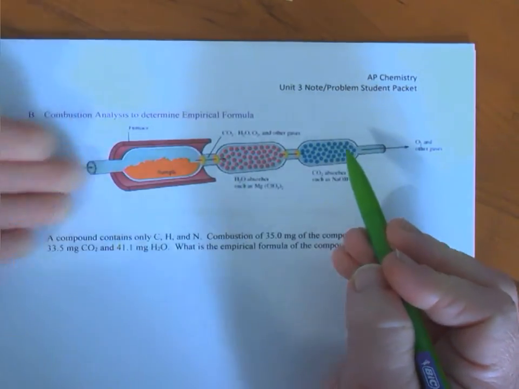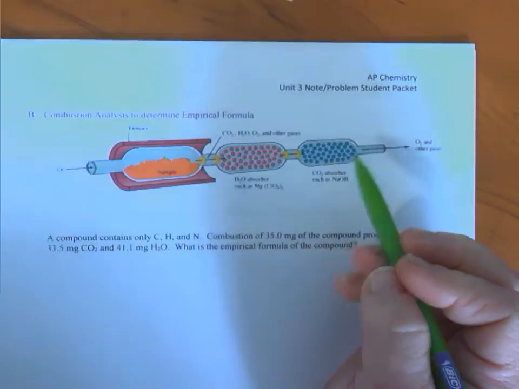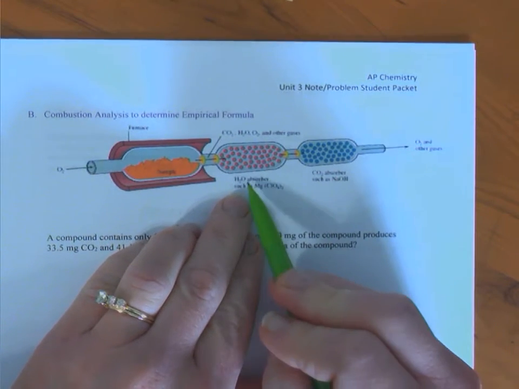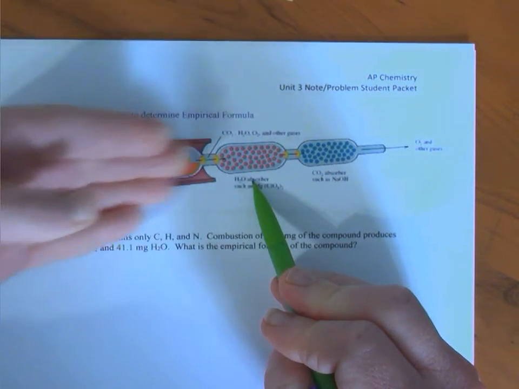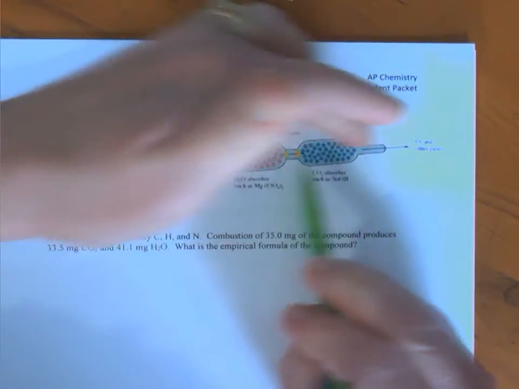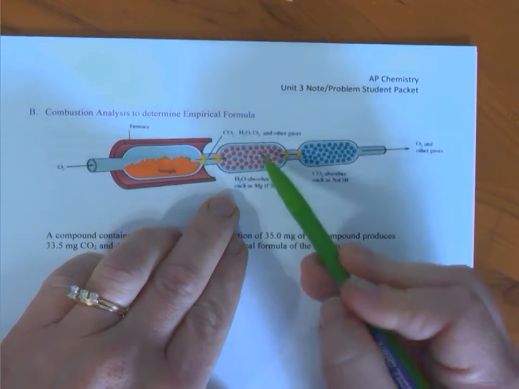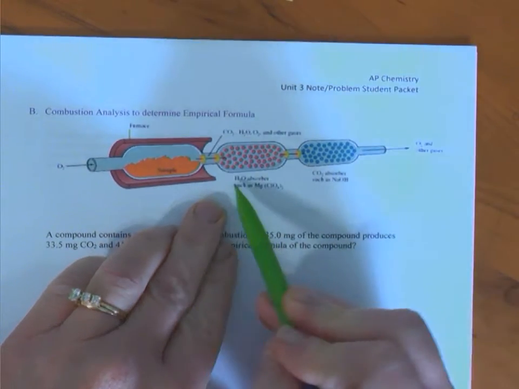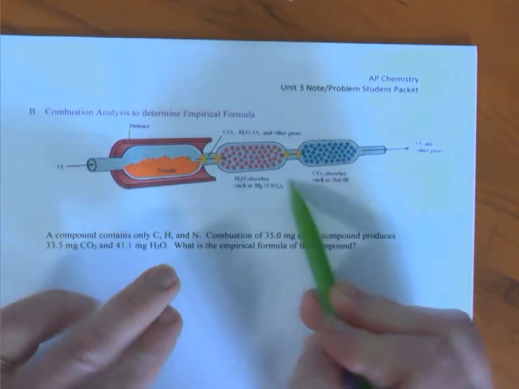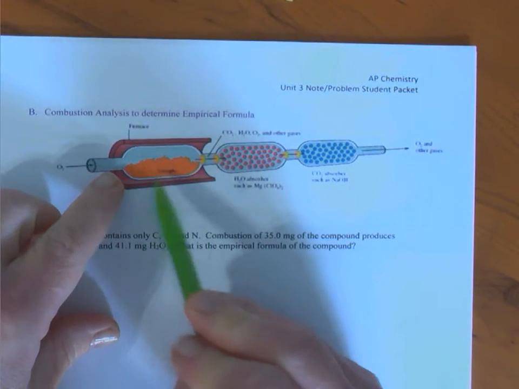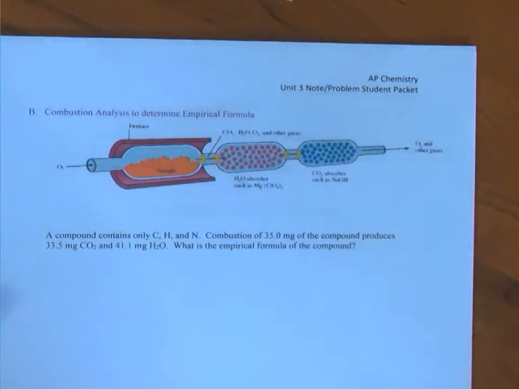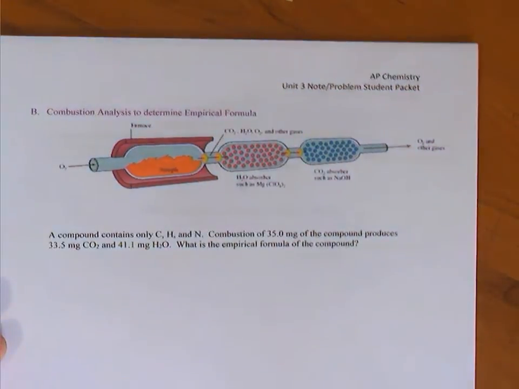And so we're going to push those product gases and then have materials that can absorb the water that is produced and then absorb the carbon dioxide. Now they could be in different orders. And if we know the mass change of these, we can find the amount of water that was produced, the amount of carbon dioxide that was produced. Knowing the amount of this that we reacted, we can find out our empirical formula. So let's dig into this example.